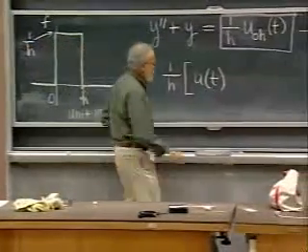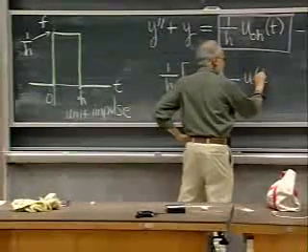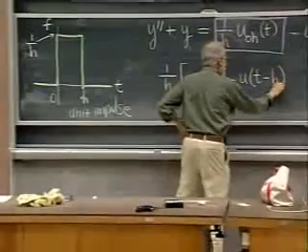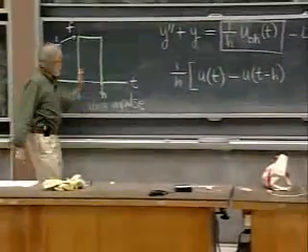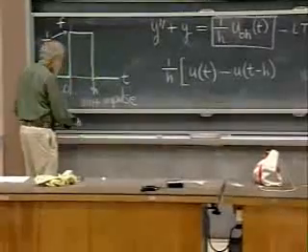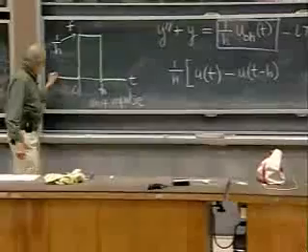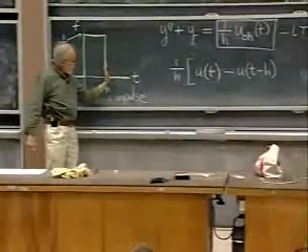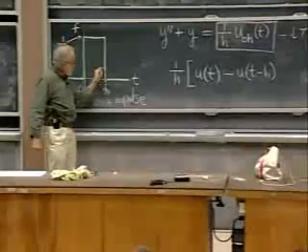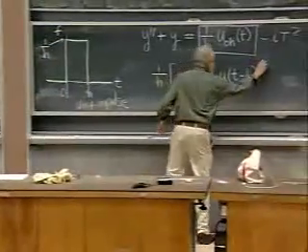The way you make it step down is by subtracting off the unit step function, but where the step takes place not at time 0, but at time h. In other words, I translate the unit step function. I don't think I have to draw that picture again. The unit step function looks like zing, and if you translate it to the right by h, it looks like zing, and then make it negative to subtract it off, and what you'll get is this box function.